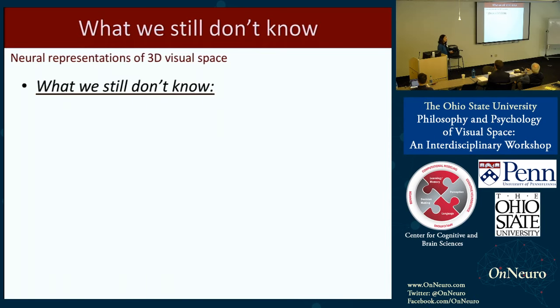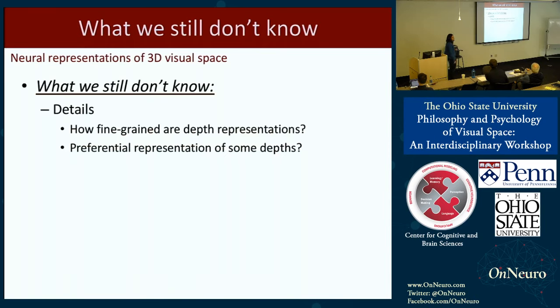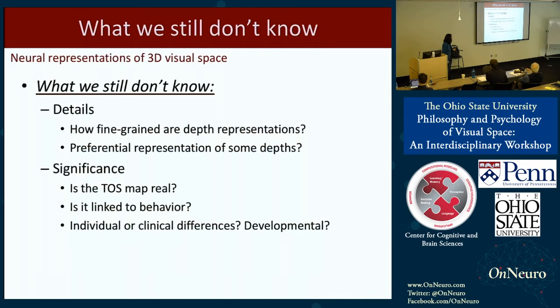Okay, so what don't we know? We don't know a lot about the details of this. This is all very preliminary. So how fine-grained are these representations? Are all depths really represented equally? Is there some preferential treatment of some depth, something like a cortical magnification factor? What about the significance? Is that TOS map even real and reliable? If it is, is it linked to behavior?